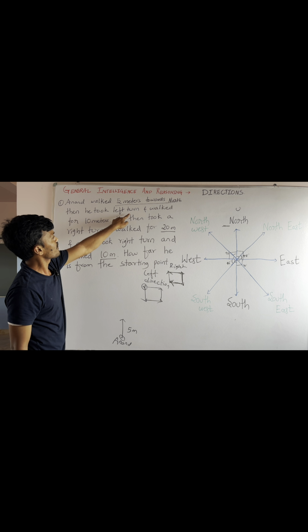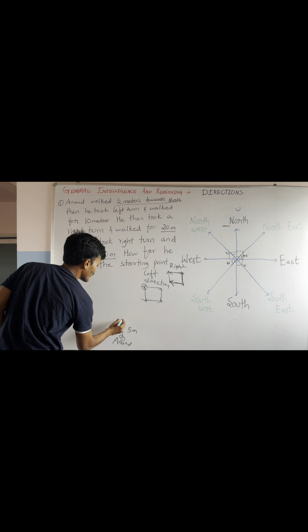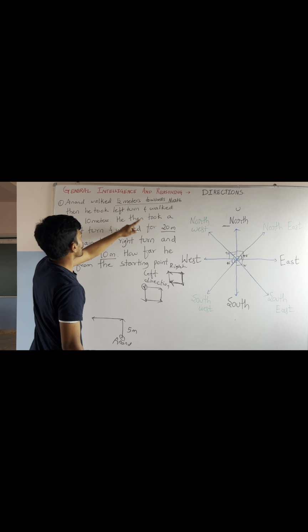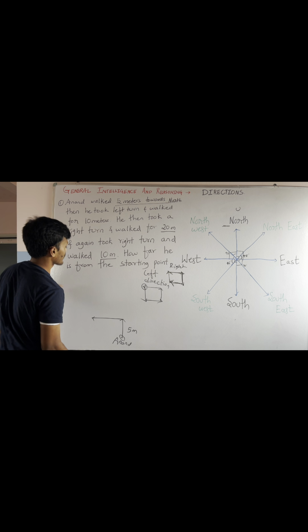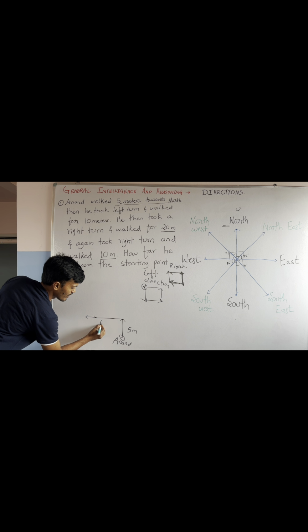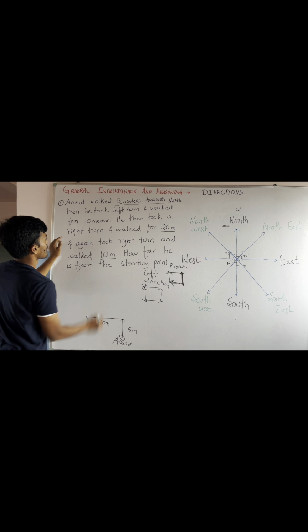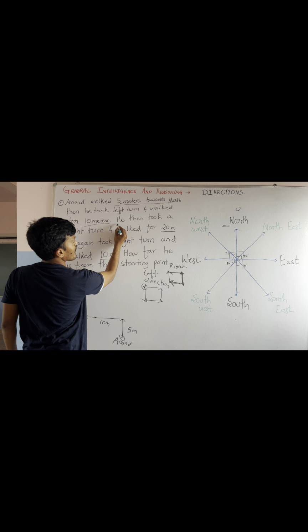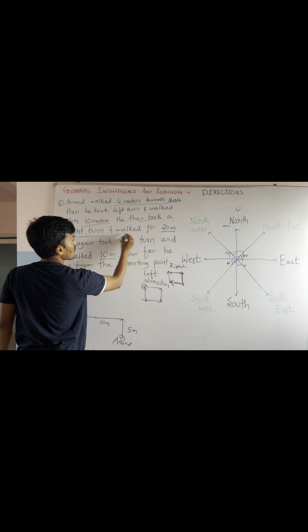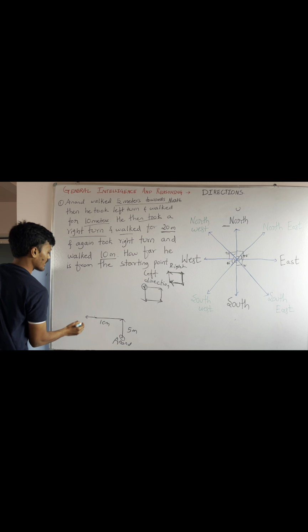Then he took a left turn. Left turn in this direction, walked for 10 meter. So now this is called 10 meter. And then he took a right turn, walked 20 meter again.